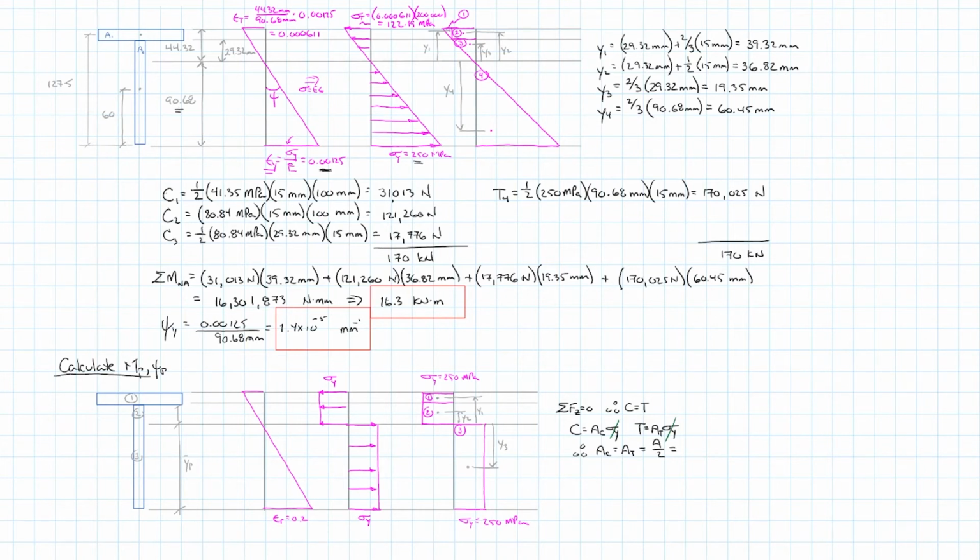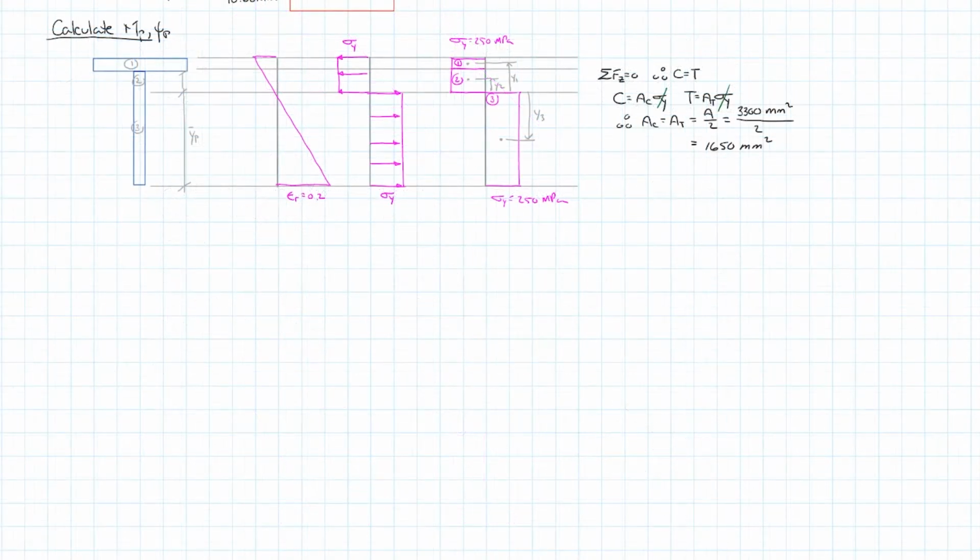which is equal to the total area divided by 2, which in our case, we had our area, it was just off the screen here, 3,300 millimeters squared, divided by 2, which is equal to 1650 millimeters squared. So with that done, we can then figure out what the height to the neutral axis is.